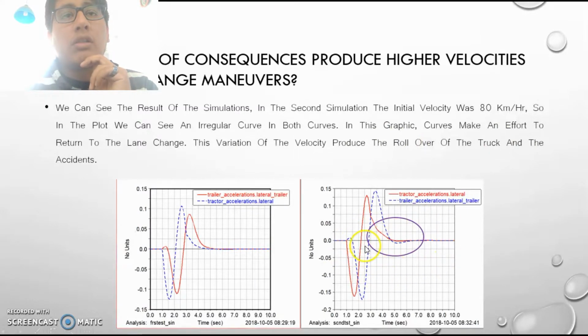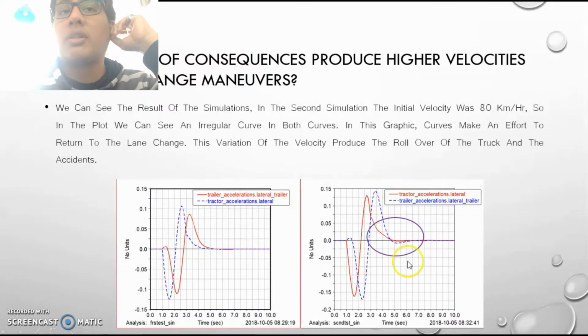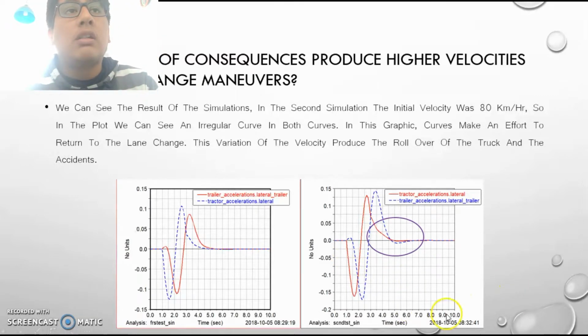In comparison with graphic 1, it's more normal, but in plot number 2, we have more effort for this component to return to the equilibrium point or to the lane change.